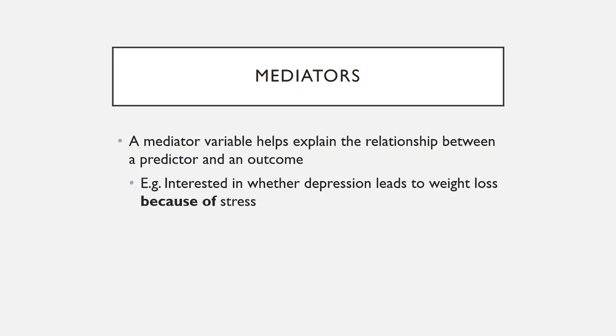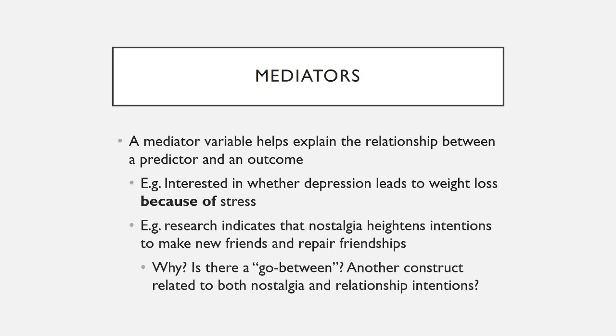Stress more proximally causes people to lose weight. So the idea is, you know, there's a relationship between depression and weight. You're not predicting that that relationship goes away or changes depending on levels of a moderator. You're saying that you think you can help explain why depression leads to weight loss. You're predicting it's because it's via the mechanism of increased stress.